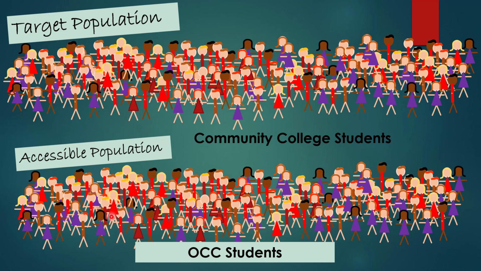So maybe we say, well, OCC is a diverse group of community college students, and that's our accessible population, and that's where we're going to pull those individuals from, making the assumption that they represent community college students as a whole. While you might be familiar with the terms population and sample, the idea of target and accessible population is an important distinction to understand as well.